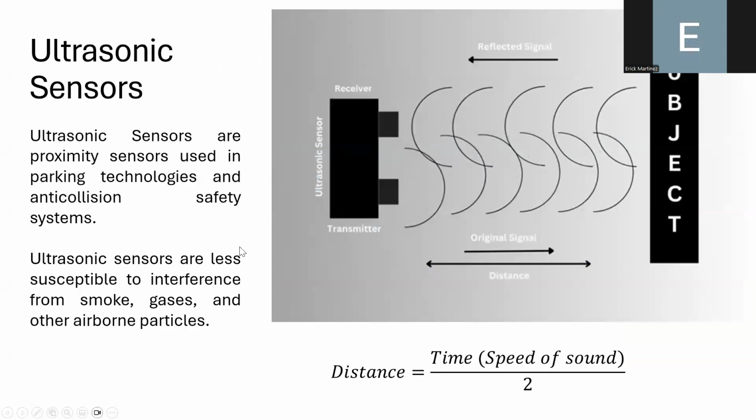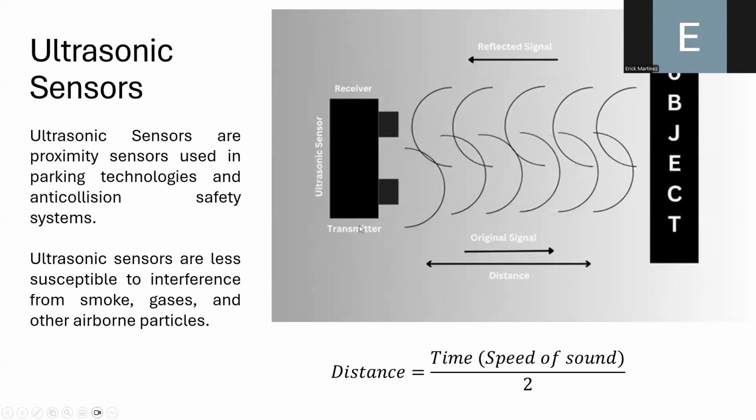So another example of a proximity sensor are ultrasonic sensors. And basically these types of sensors are based on the principle of how quickly the sound is traveling through the space. So we know that the ultrasonic sensor has the following structure.